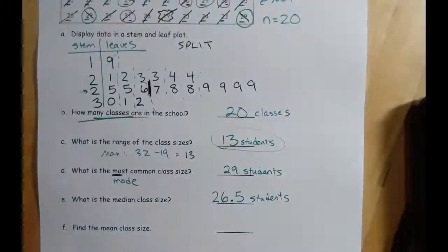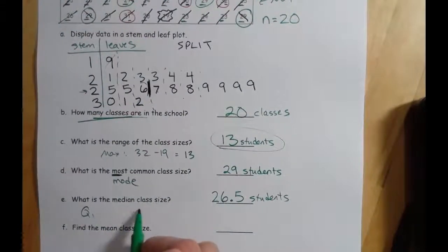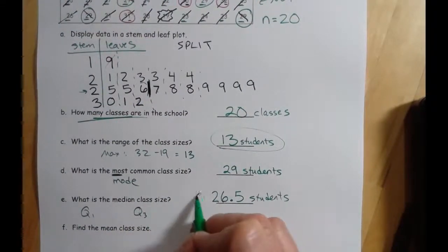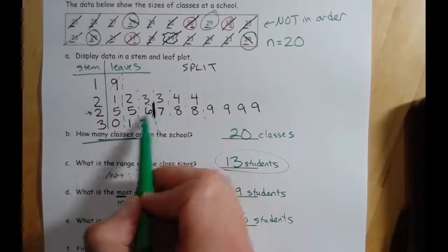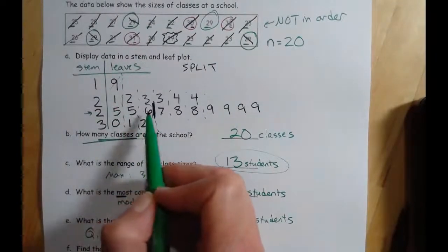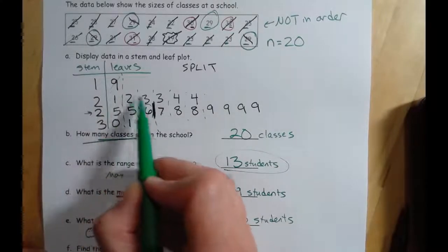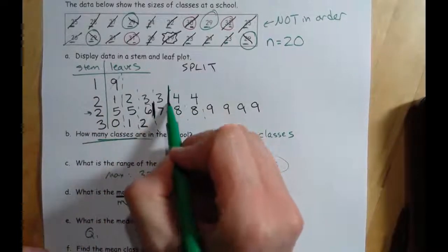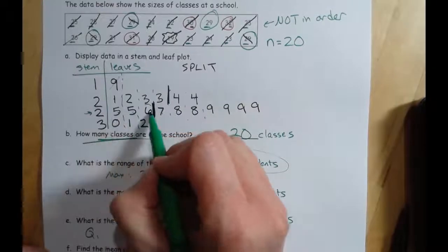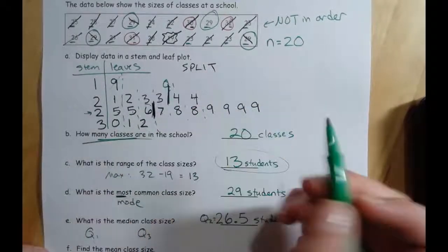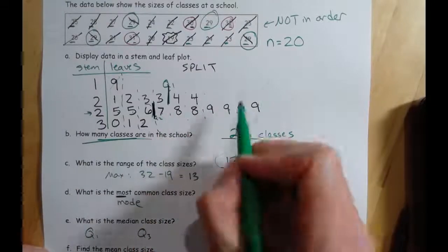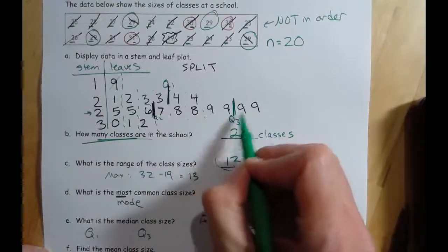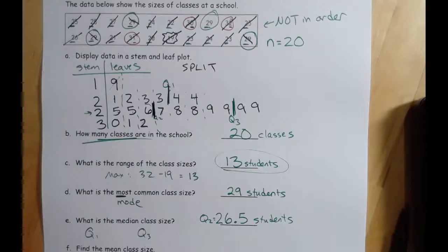All right, now we're going to go ahead and calculate Q1 and Q3 as well. The median is Q2. For Q1, I'm going to look at these 10 points, which again is an even number, so I'm going to look at the bottom 1, 2, 3, 4, 5 and do a line. And then here's the middle 1, 2, 3, 4, 5. So this is going to be my Q1. This was already my Q2, and then I'm going to count 1, 2, 3, 4, 5. Q3 and 1, 2, 3, 4, 5. Okay, good.